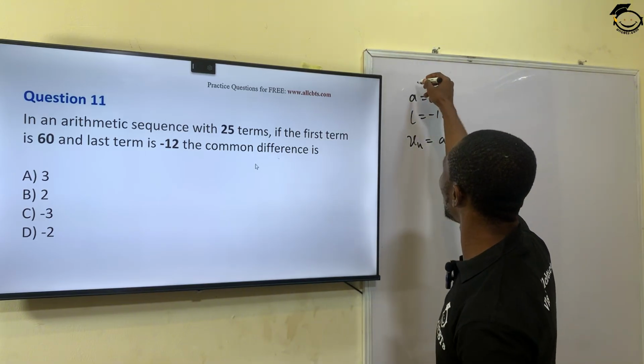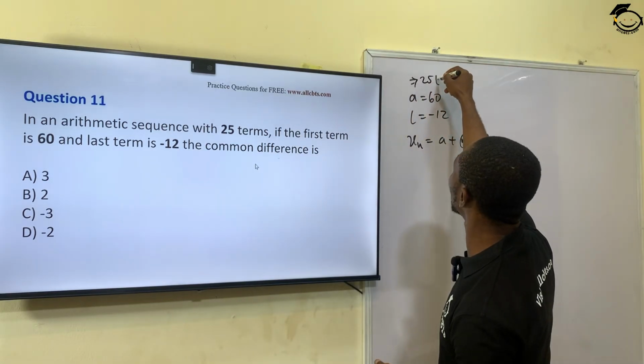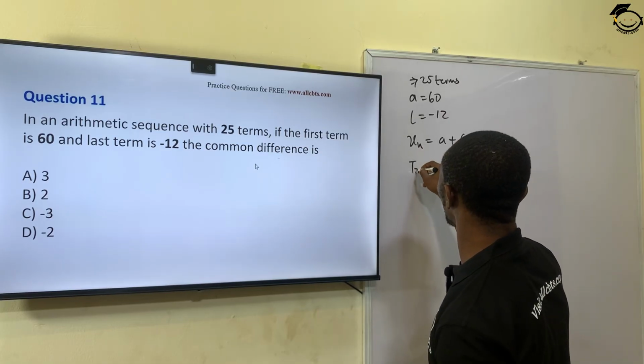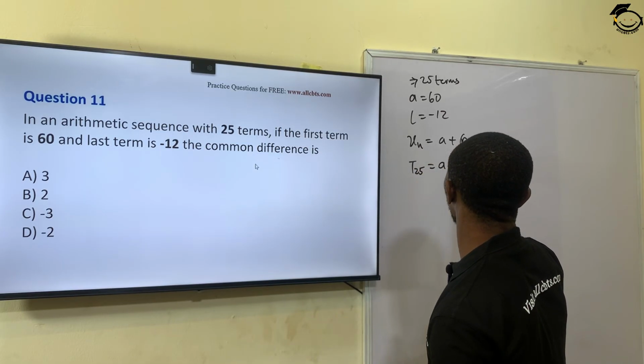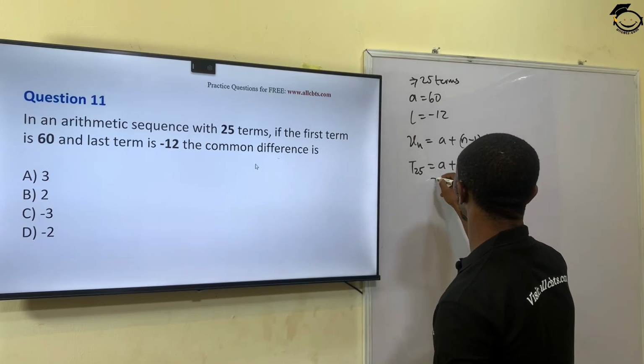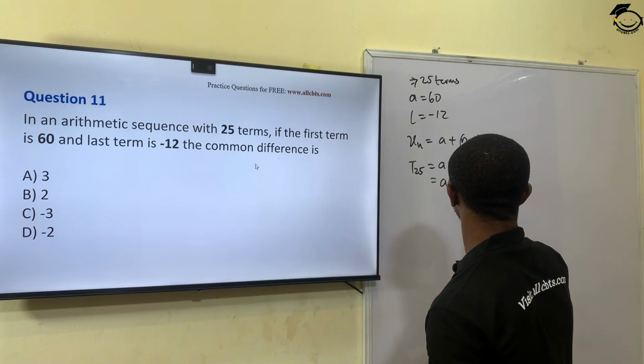In this, we are looking for the 25th term. We have 25 terms. So this becomes T25 equals a plus 25 minus 1 d. All right, this becomes a plus 24d.